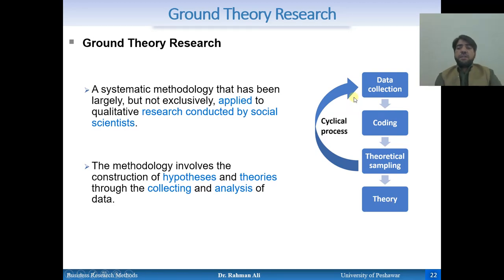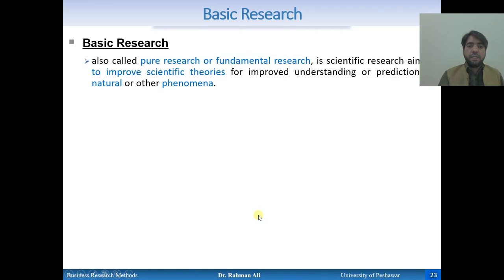It's not that simple. You have to use a systematic methodology: from hypothesis to data collection, design, encoding of the data, then theoretical sampling, analysis, and result generation. This process will be repeated many times, and once the fact is established, you will have a theory at the end. Such kind of research is called grounded theory research.